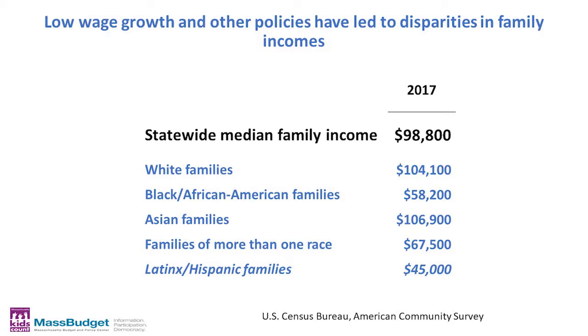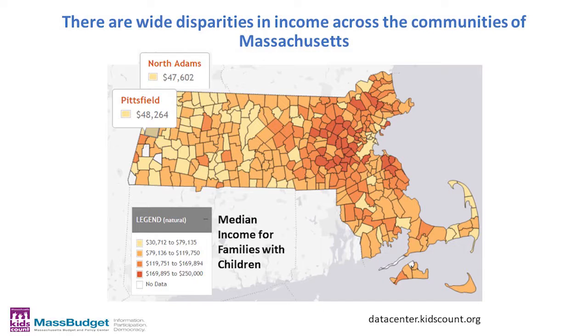So low wage growth and other policies, barriers to opportunity, have created disparities in income across the state. We talked about how when people don't have access to opportunity in their communities, they don't have access to good jobs. I want to show you this map.